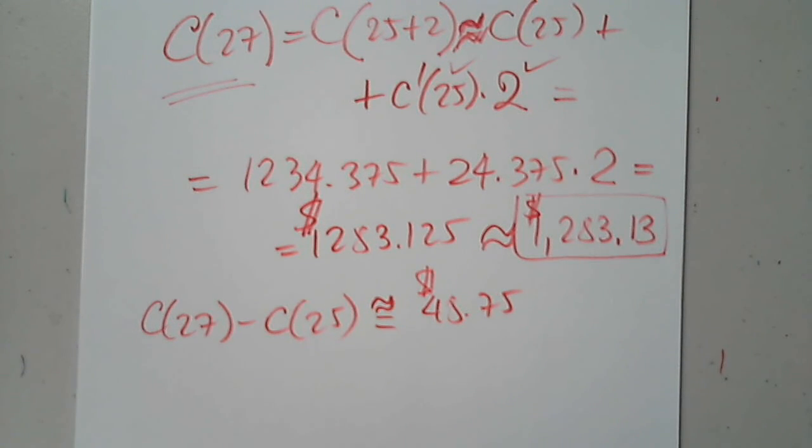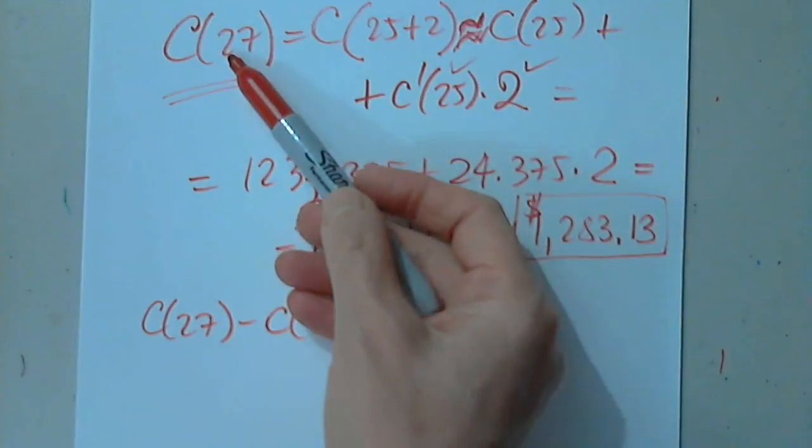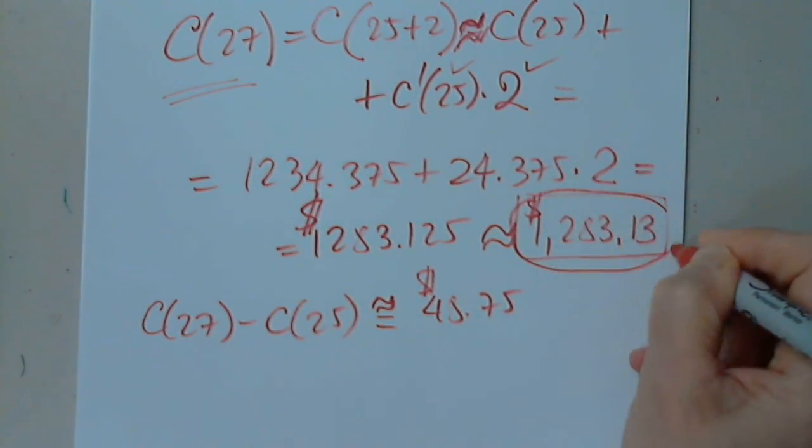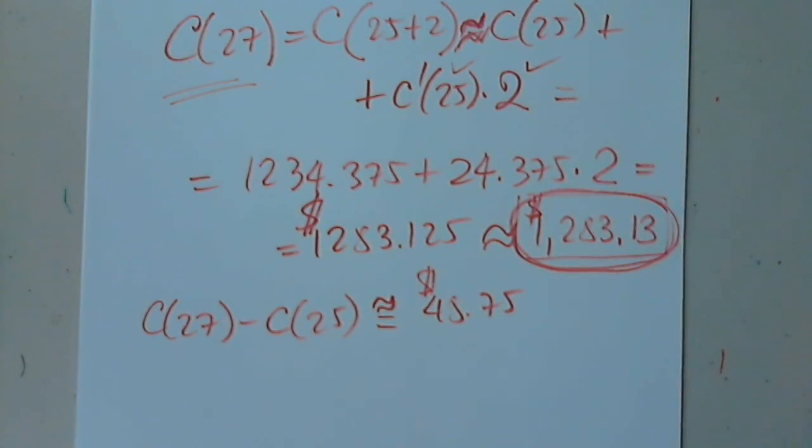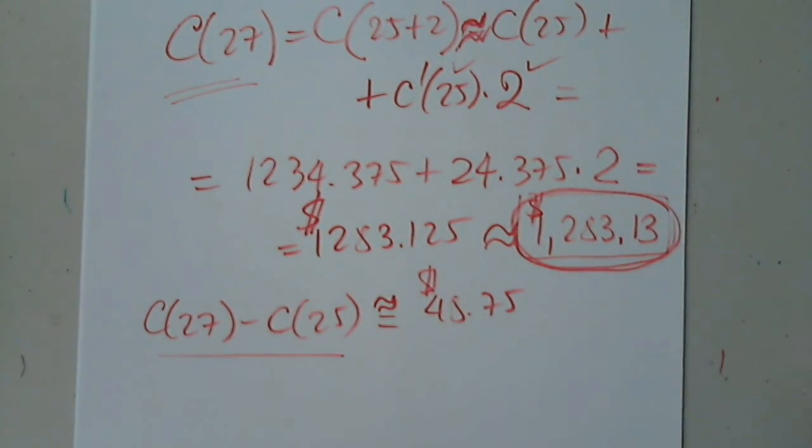Okay. Then, is there anything else they want? Use the answer, or we already did that. We already predicted 27. The cost of 27 is this. The difference between the costs is this.